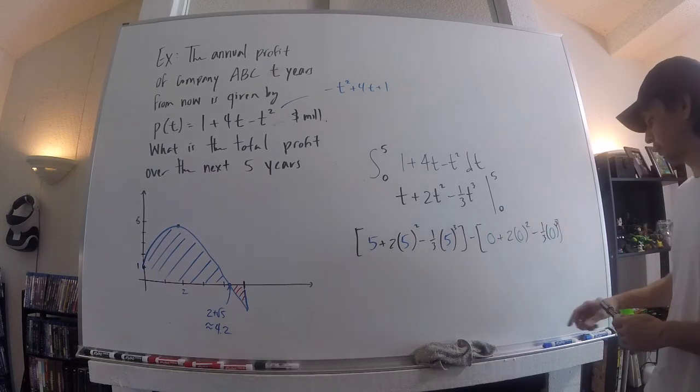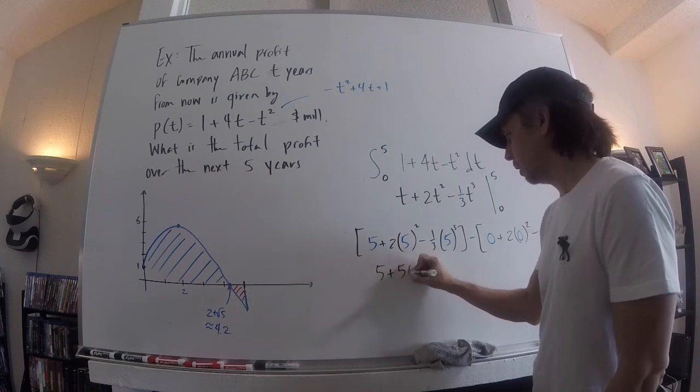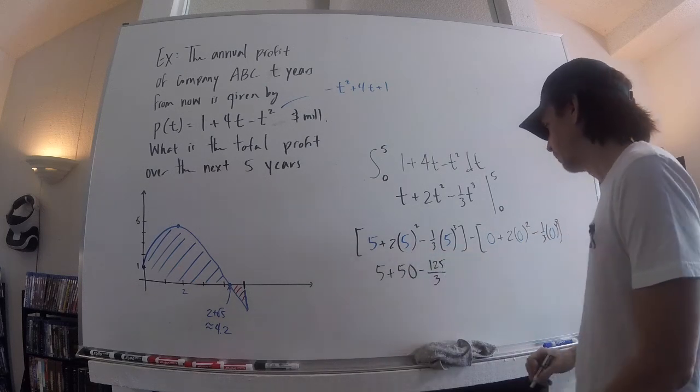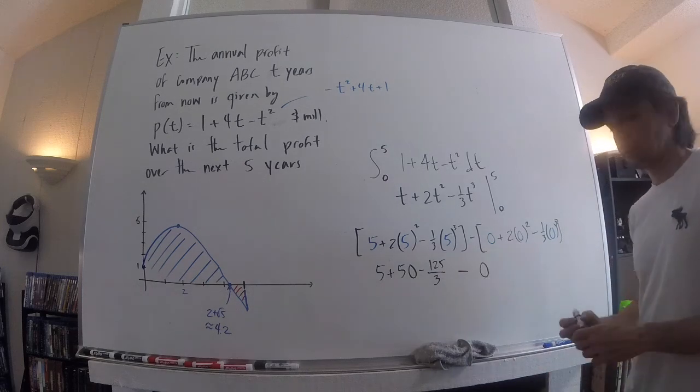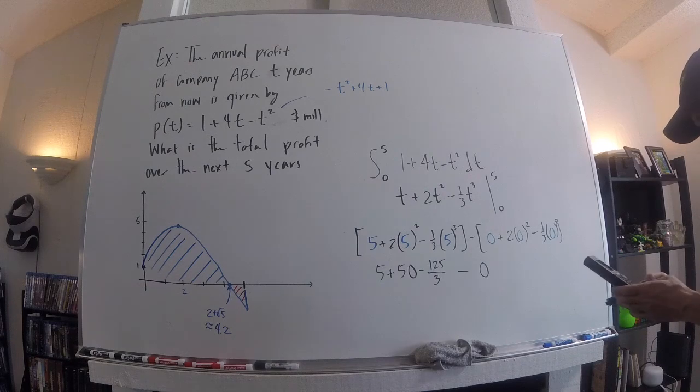All right. So I'm going to be doing 5 plus 50 minus 125 over 3 minus 0. What am I doing here? 5 plus 50 times 0.